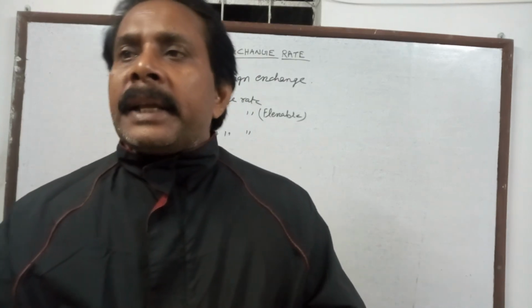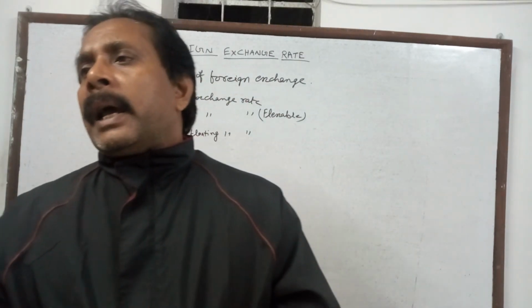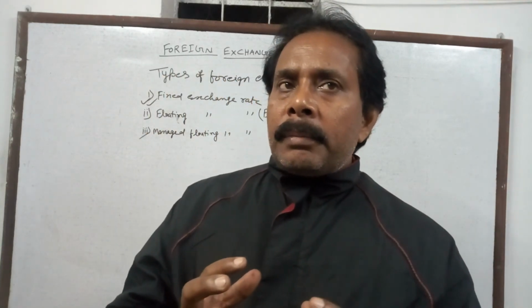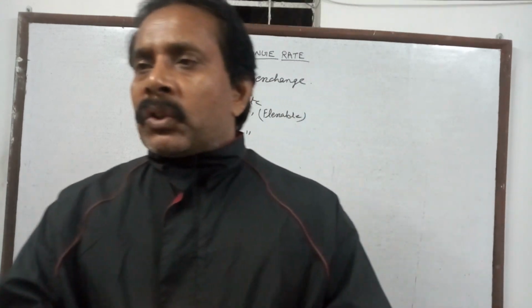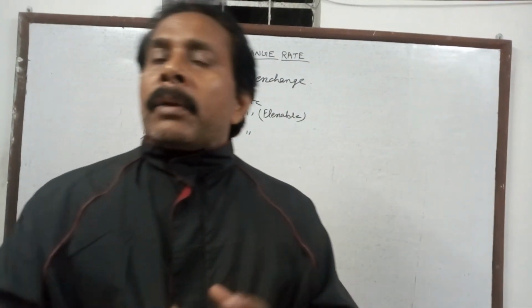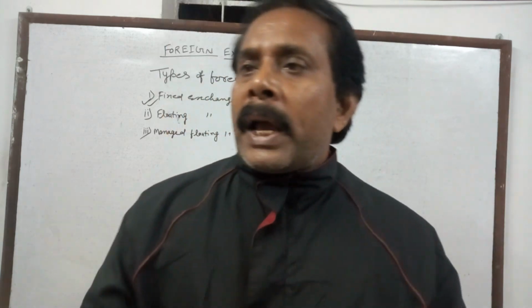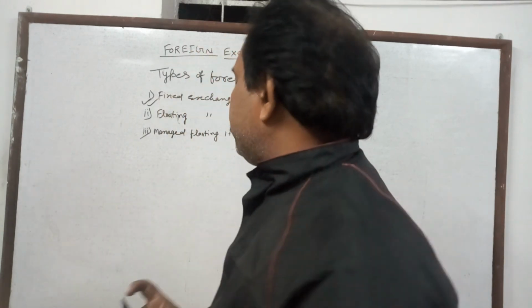Next we can say, the external standard can be measured in terms of precious metal such as gold, silver. Okay, so that the external value of the currency may remain constant. Here you will get two different terms. One is known as pegging and other is known as parity.